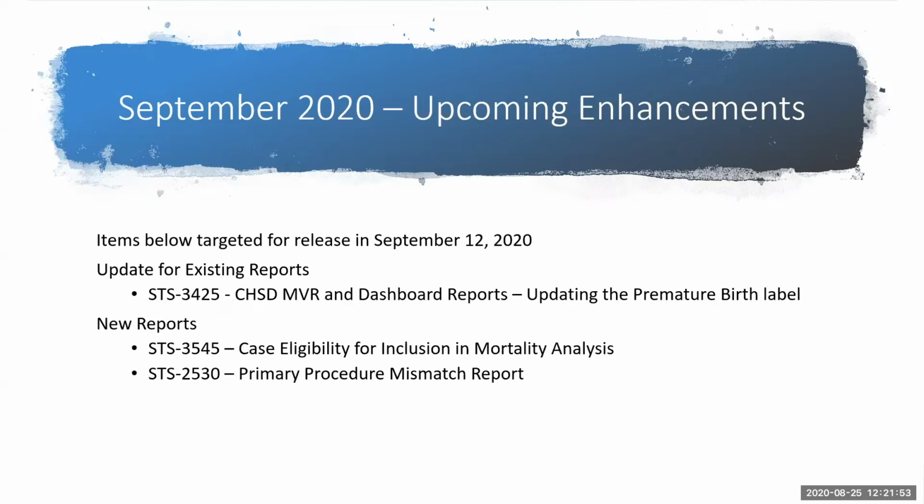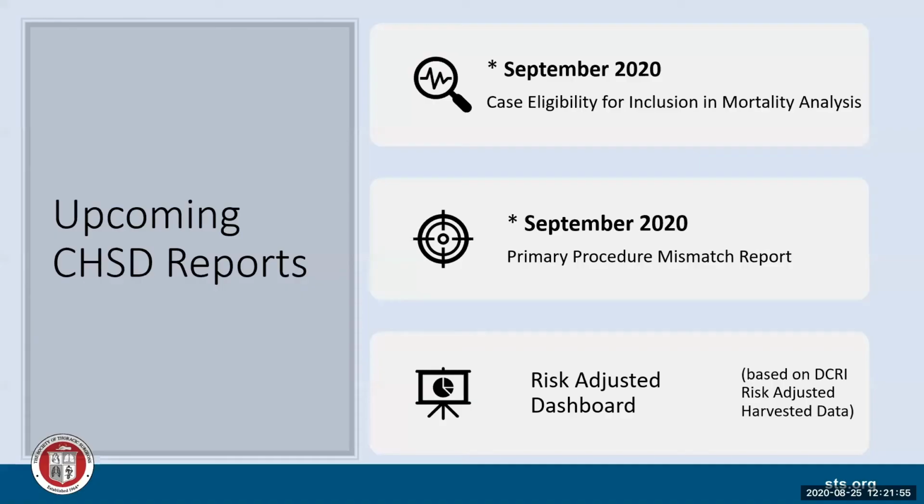Let's go to the next slide. So just a recap of where we are right now. Since we started, we've had those two reports listed as coming, and now we can finally say that we'll be releasing those in September. So those are basically going to have a good check mark next to them.